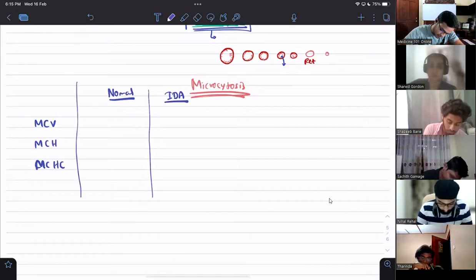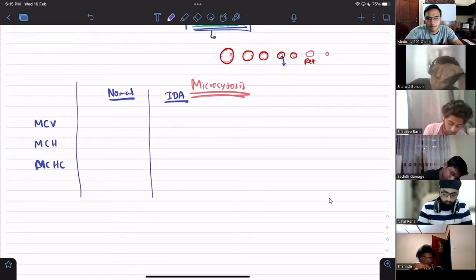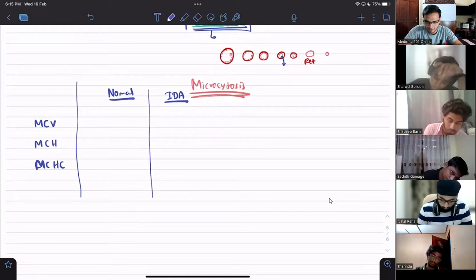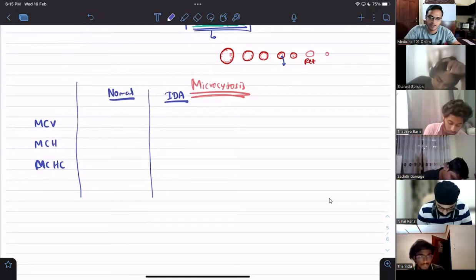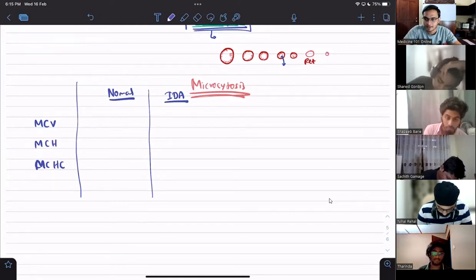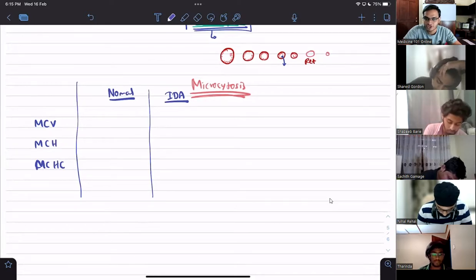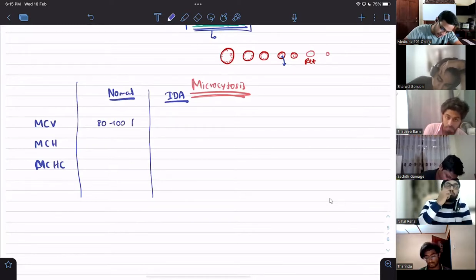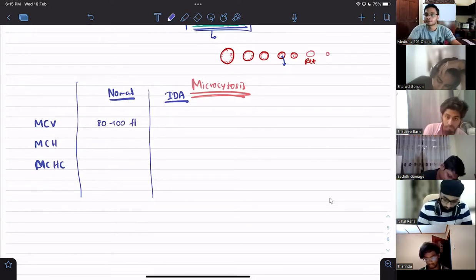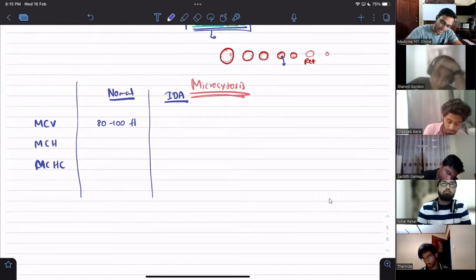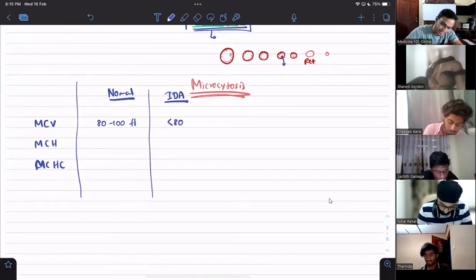Mean corpuscular volume, guys, in a normal RBC, these are your first year, second year work. What is the value normally? The range. Normally 80 to 100 femtoliters. 80 to 100. So in iron deficiency anemia, it is less than 80, guys.